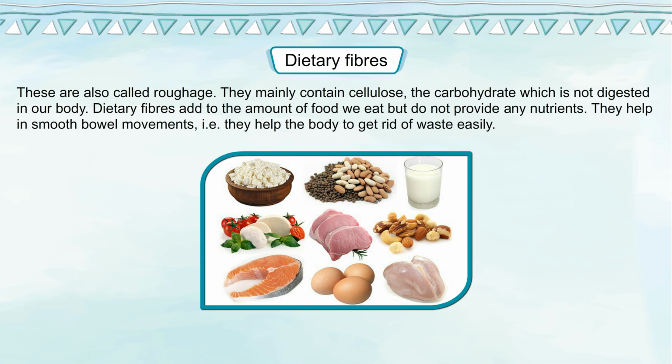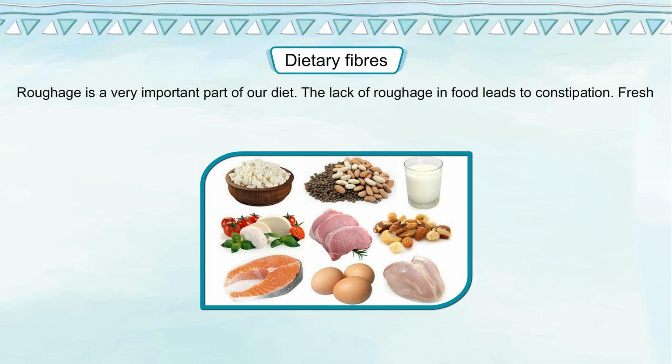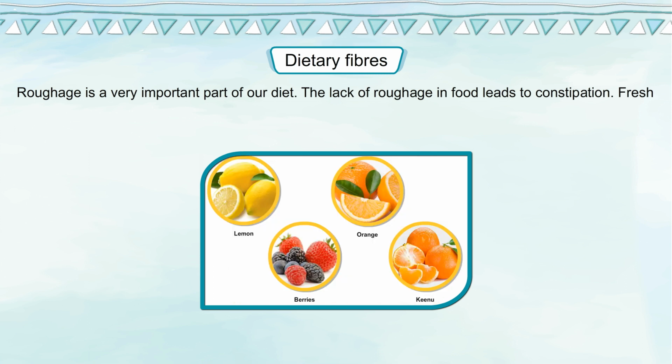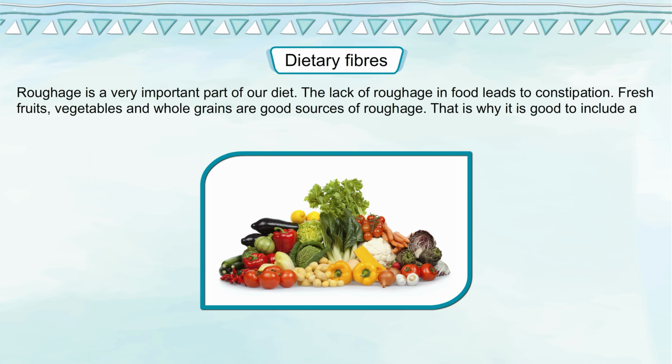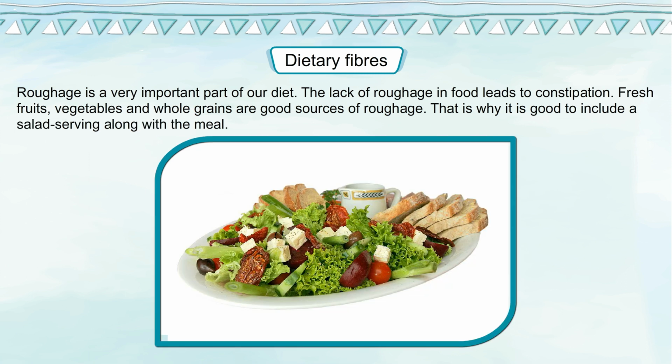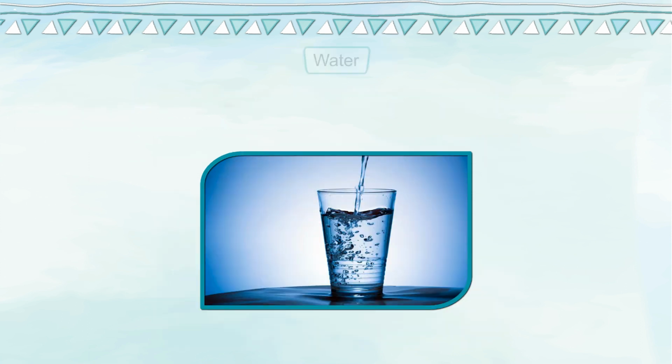That is, they help the body to get rid of waste easily. Roughage is a very important part of our diet. The lack of roughage in food leads to constipation. Fresh fruits, vegetables and whole grains are good sources of roughage. That is why it is good to include a salad serving along with the meal.